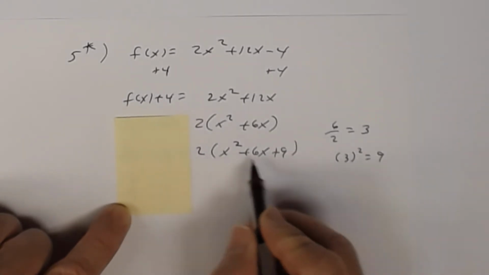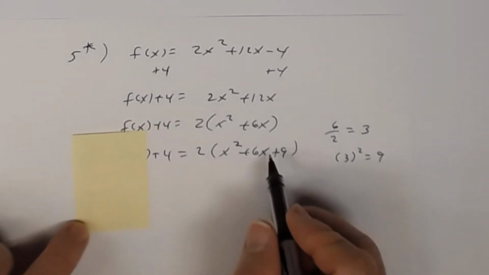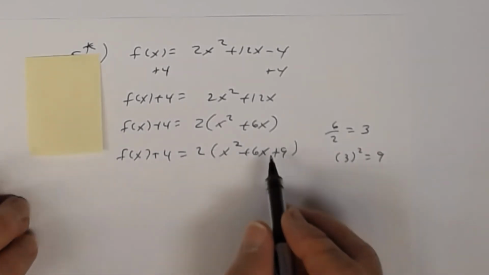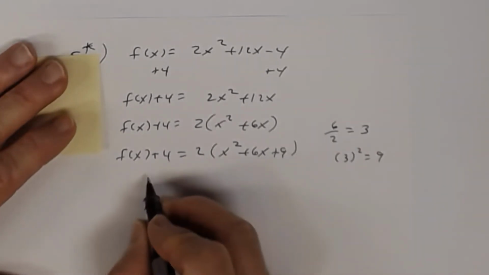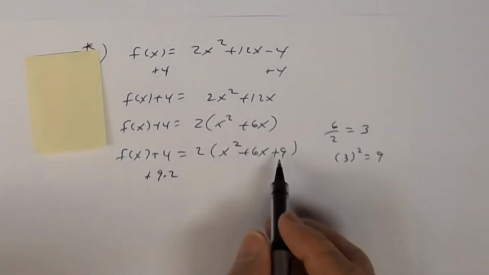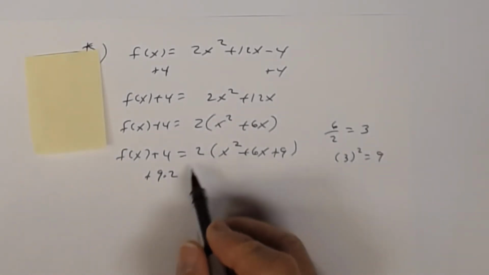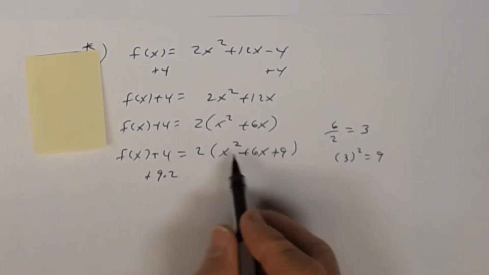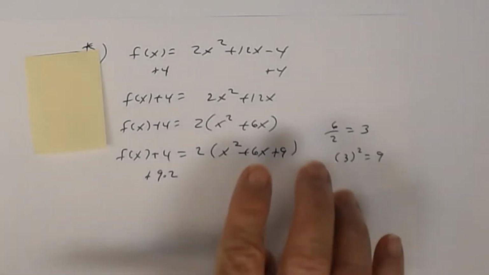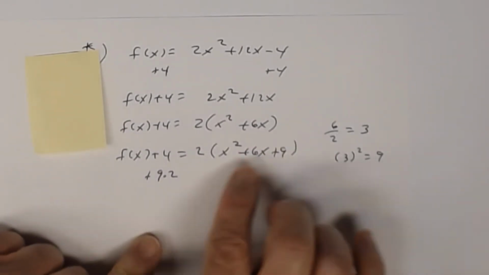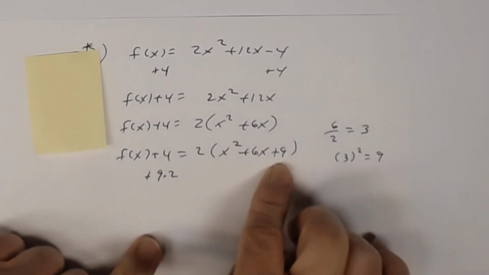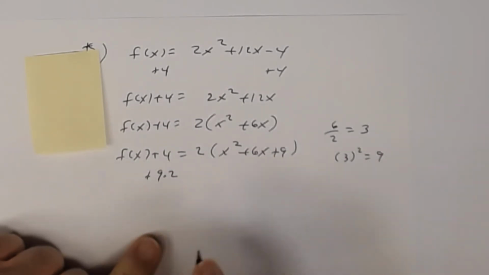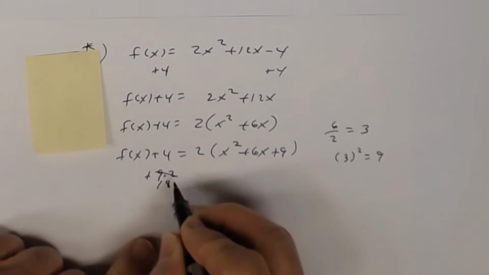So when you add 9 here, you don't add 9 here. You add 9 times 2. So I'm going to write this as 9 times 2, just so you'll know that this 2 came from this, because all of this is being multiplied by 2. So you're not really adding 9 to this side, are you? You're adding 18. So if you add 18 here, then you got to add 18 here.